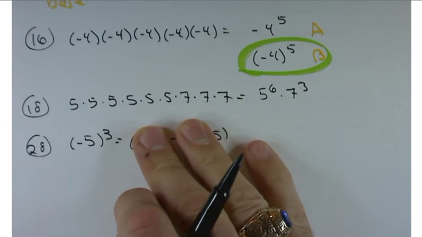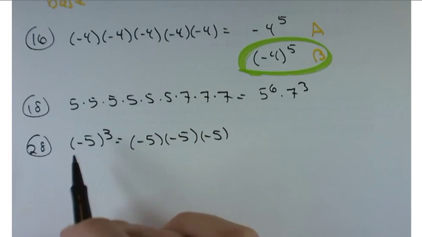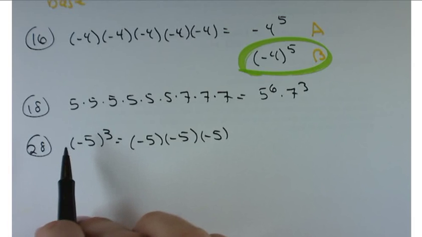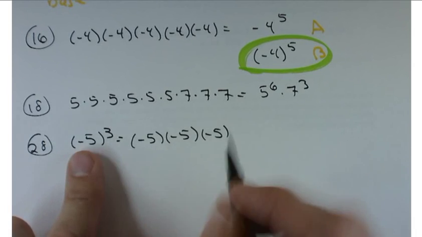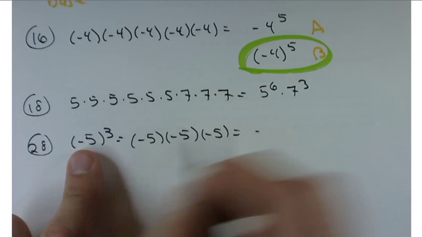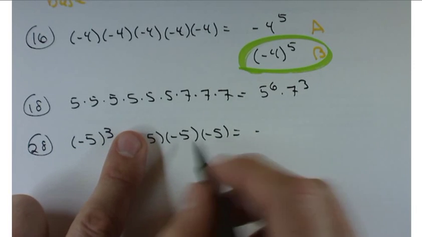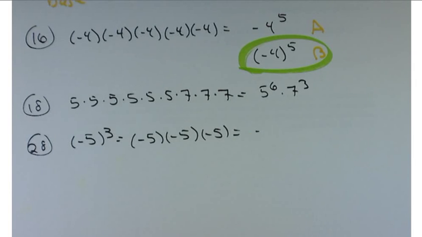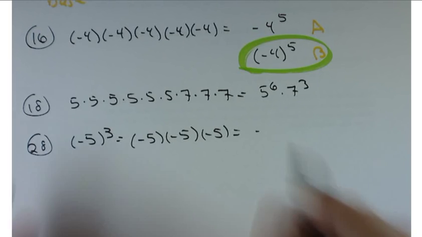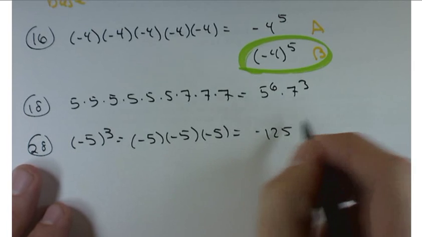Even before I expand it like that, can you tell if this is going to be positive or negative? Good. It's negative because the exponent is odd. Perfect. So negative 5 times 5 is 25. In fact, 5 cubed is on the left-hand side board. I've listed for you the first 20 perfect squares and first 10 perfect cubes. So that's 125.